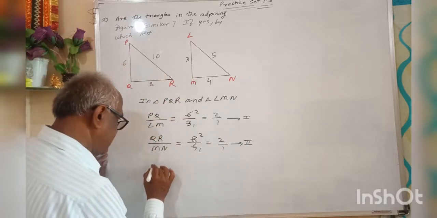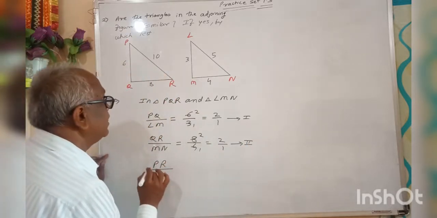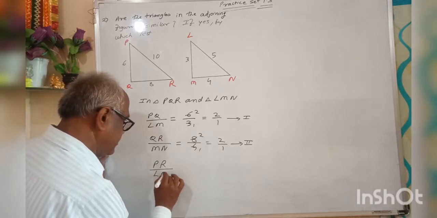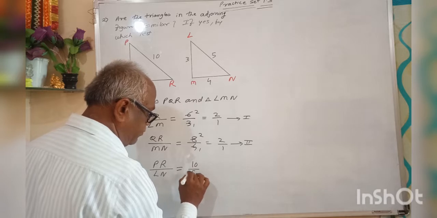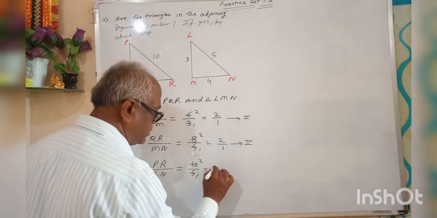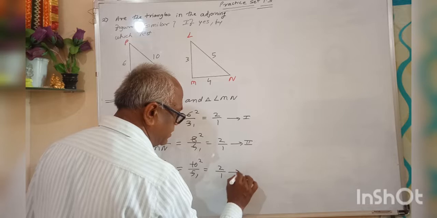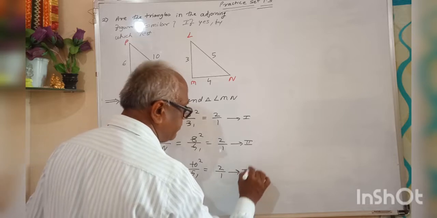Now PR upon LN is equal to 10/5, 5 ones are 5, 5 twos are 10, which is equal to 2/1. This is equation number 3.